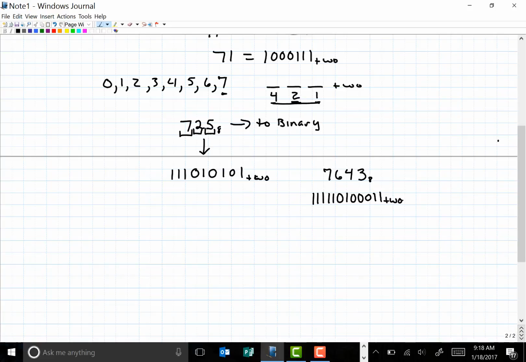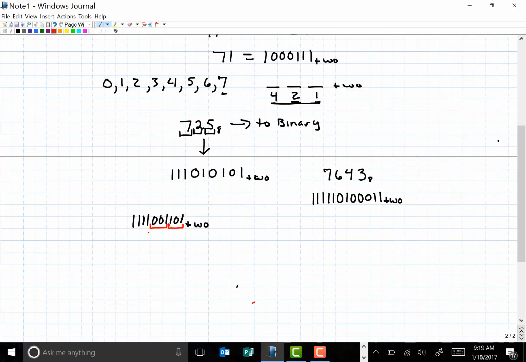So that's how we can easily convert from base 8 to base 2, just convert each digit to a 3-digit binary number. Now similarly, if we wanted to go from base 2 to base 8, so suppose I have this base 2 number, then I can just group this into groups of 3 digits and then convert each group of 3 to a base 8 number.